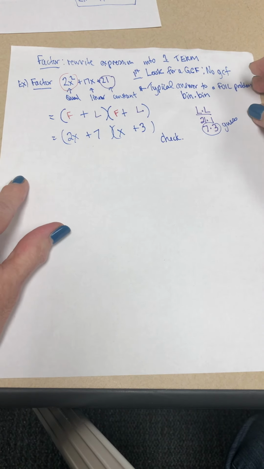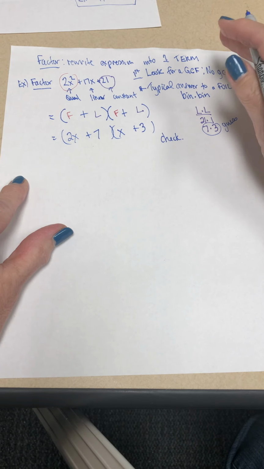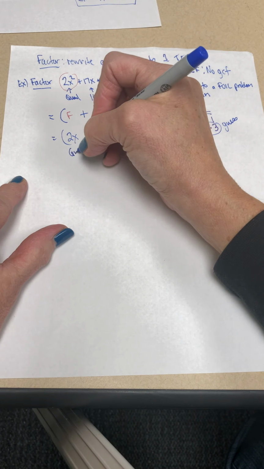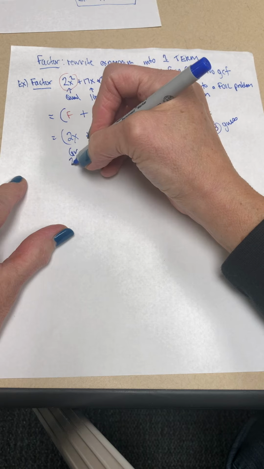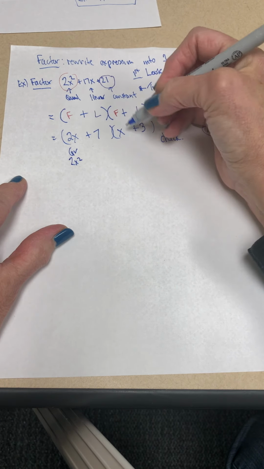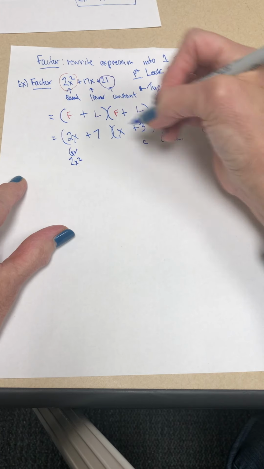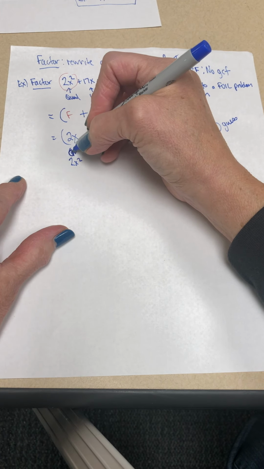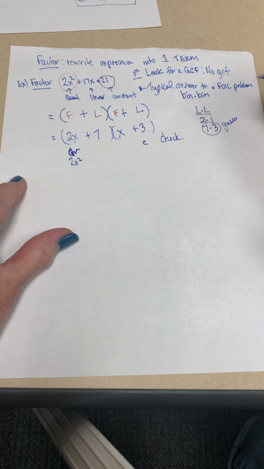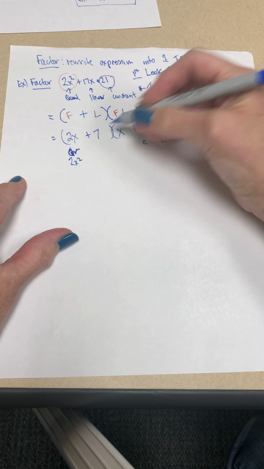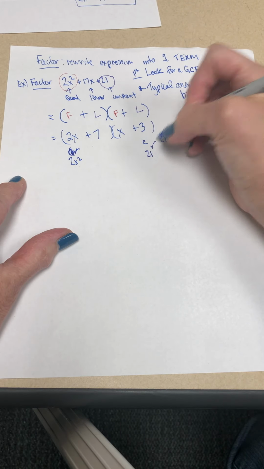Think about it though. The check can be pretty fast. You know you've got the quadratic term. You know that's 2x squared because that's why you picked the 2x and the x. You know you've got the constant. That's supposed to be a q, if you were wondering what that was. And that's a check, that's good. You know you've got the constant 3 times 7, that's the 21.